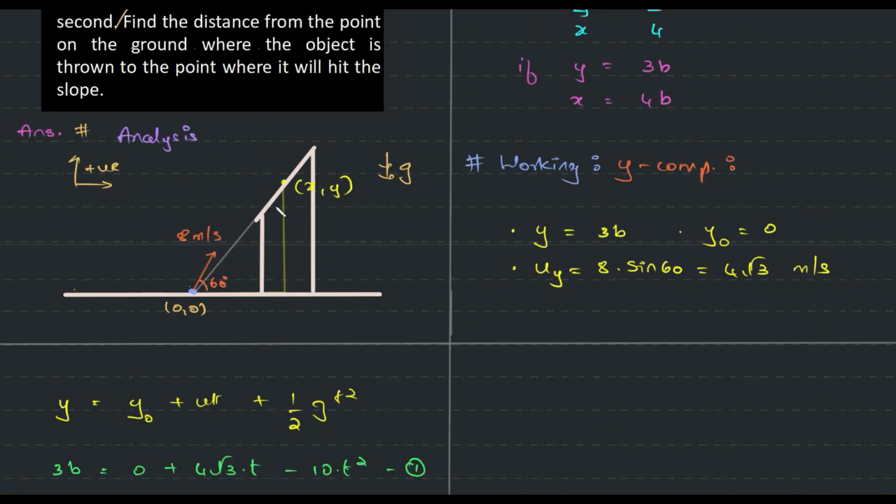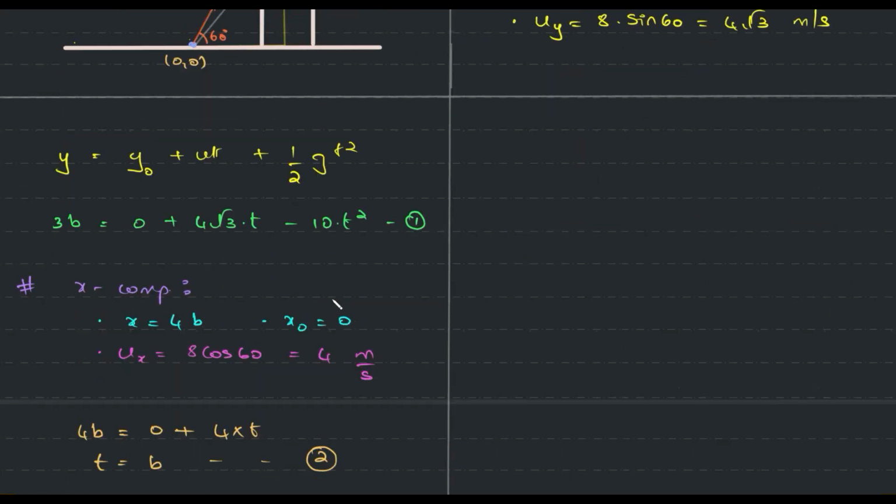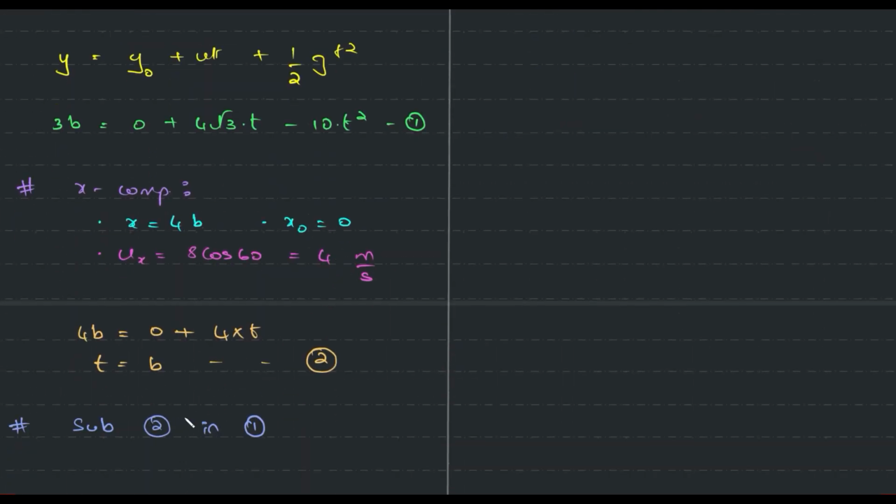Anyways, that's the distance, that's the time. Okay, all in all, it's good. So 10t square, I'm just rearranging, minus 4 root 3 t, and we have plus 3t is equal to 0. Agree?